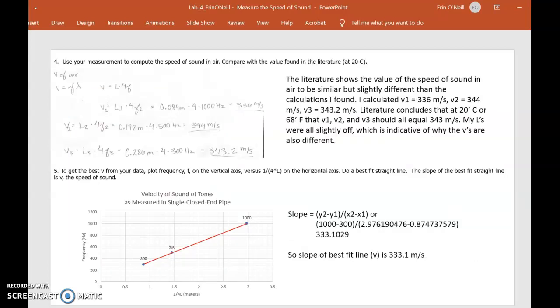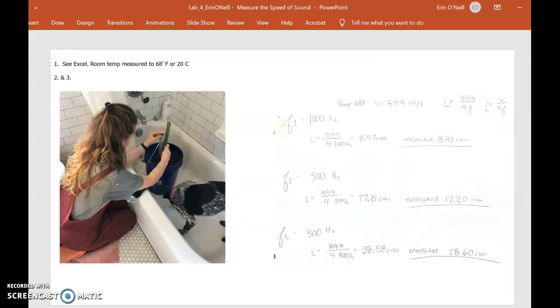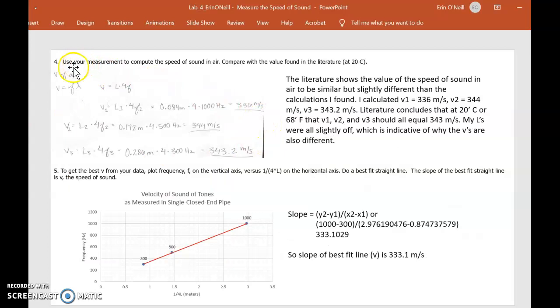Okay, next page. So 4, use your measurement to compute the speed of sound in air. Did I already talk about that? No, I just talked about the length. So the speed of sound, you know that velocity equals the length times 4 times frequency, or frequency times lambda.